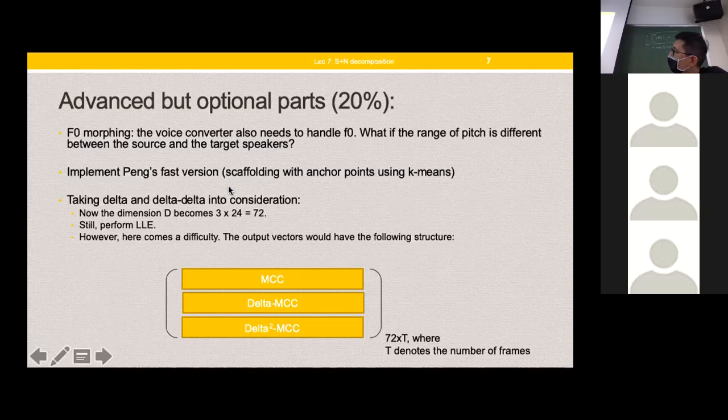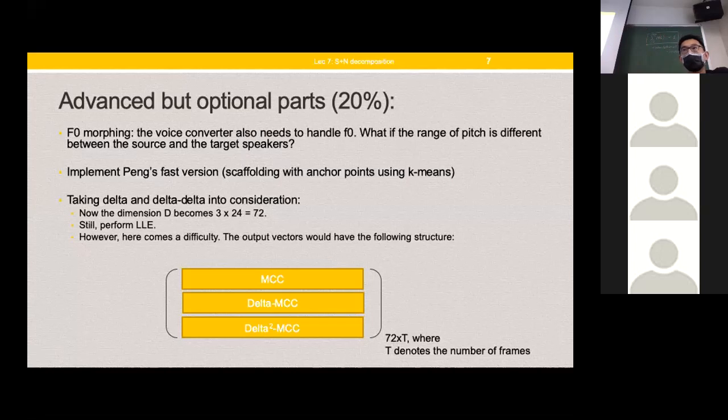The second topic is to implement Peng Yuhuai's fast version. So far, in the previous slide, I was suggesting for every inference just find the k neighbors, right? But for Peng Yuhuai's fast version, let's recall that he proposed to first cluster the dictionary by anchor points.